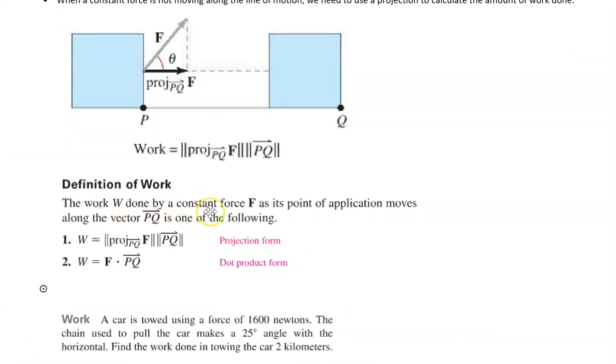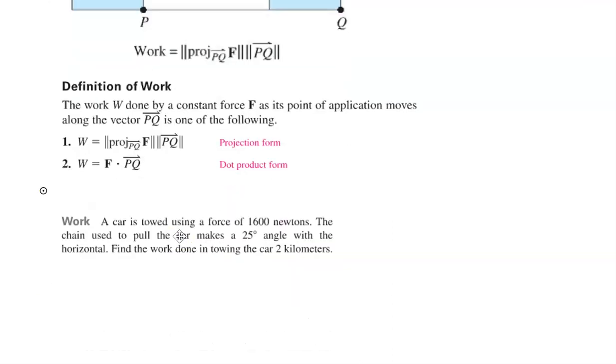The work W done by a constant force F as its point of application moves along the vector PQ is going to be either one of the following. It will be that projection, or it will be F dot PQ, which is just the dot product form. This can be found from the definitions that we've looked at so far. And basically, you can use either one of them, whichever one is more convenient for your purposes.